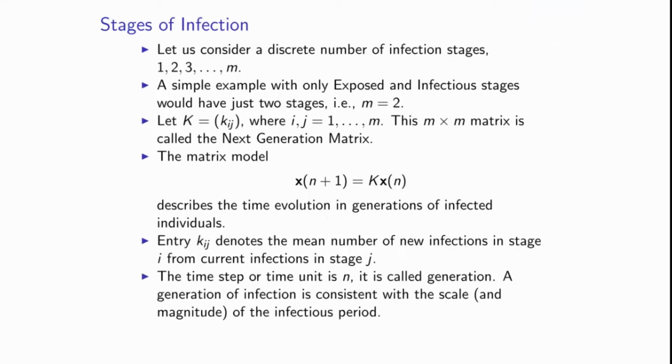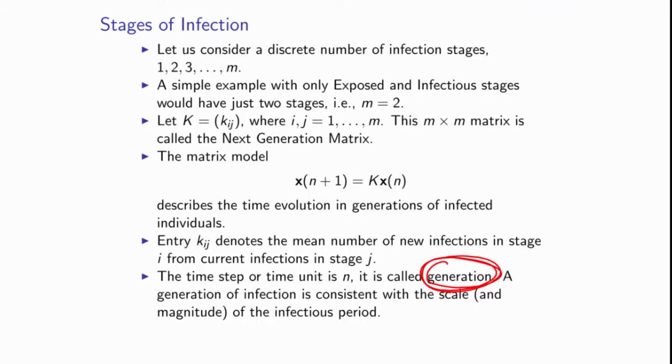The time step here is denoted with n, and these are discrete time steps, integer numbers with a step size. The time step is going to be connected to the so-called generation.